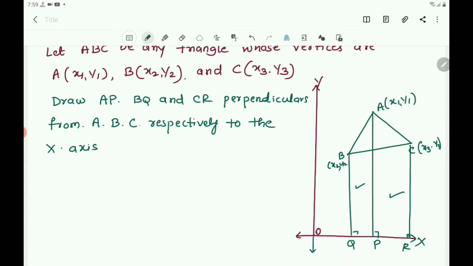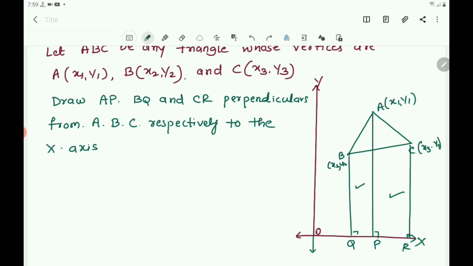Therefore, the area of the triangle ABC is equal to the area of the trapezium ABQP plus the area of trapezium APRC, this whole trapezium, minus the area of the trapezium BQRC, you will get.